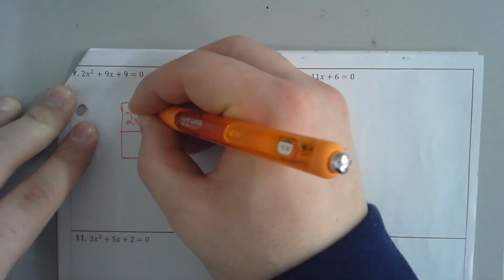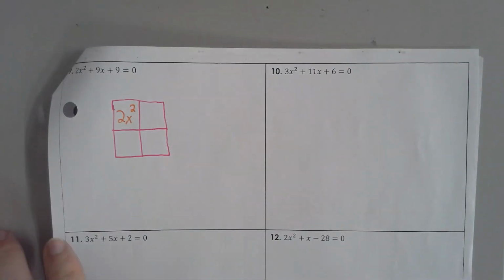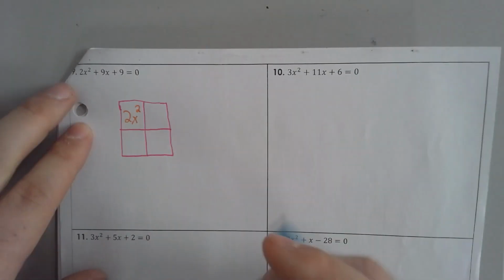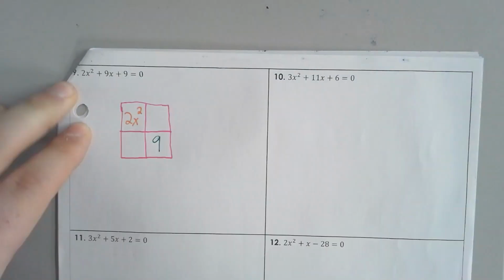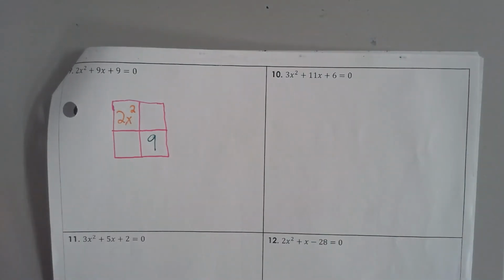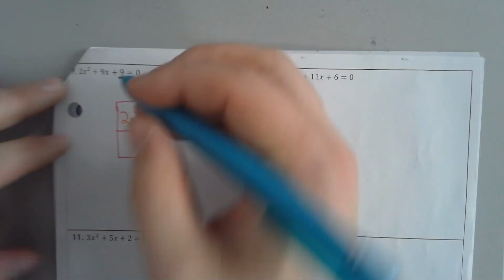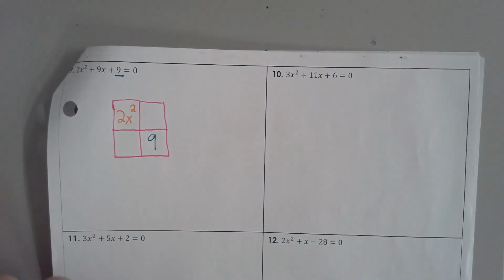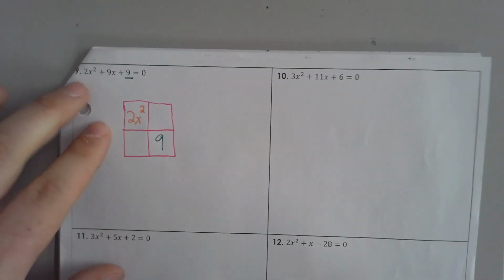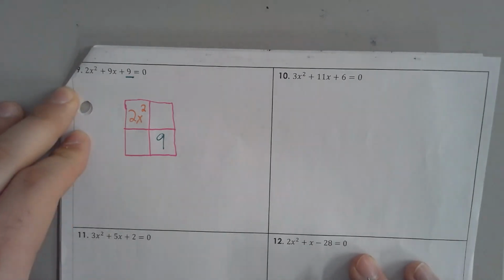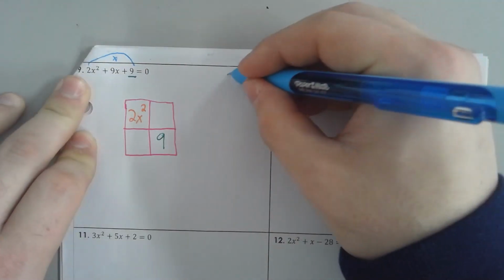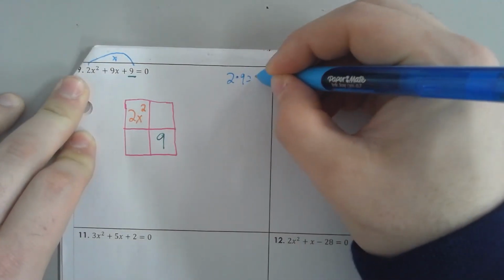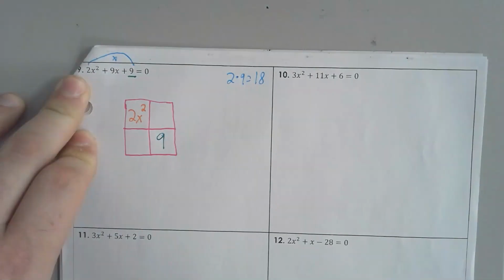So that's 2x squared. In the bottom right, C, which is 9. What do we do next? Multiply our A and our C. So that's a 2 and a 9. 2 times 9 is 18.